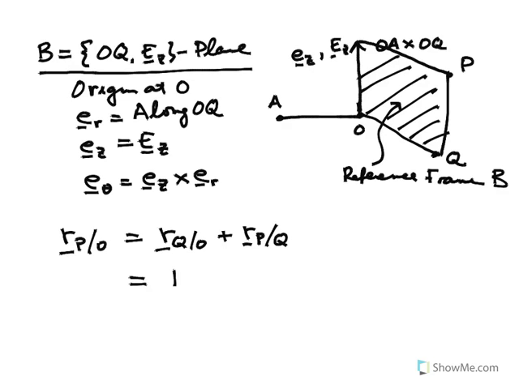The position of Q relative to O is equal to R times ER, because this direction in this diagram is ER, and then this direction is EZ. And the position of P relative to Q is equal to Z times EZ, where this distance here is Z.